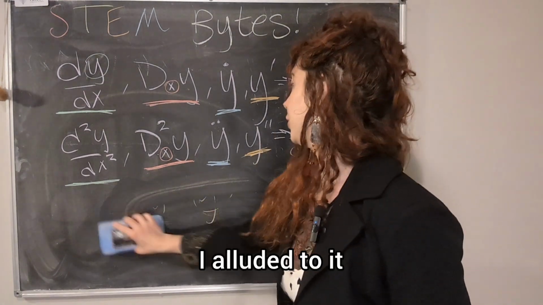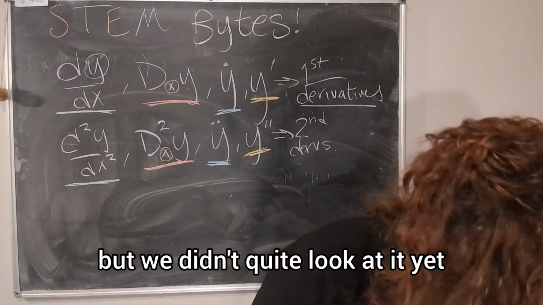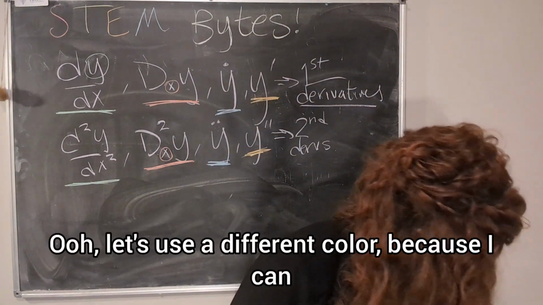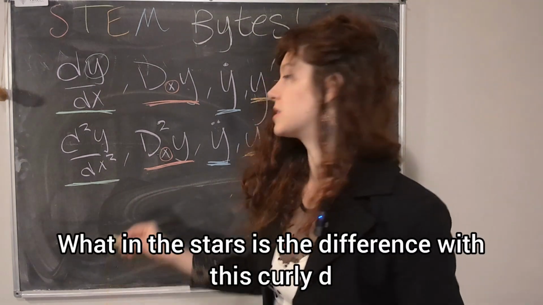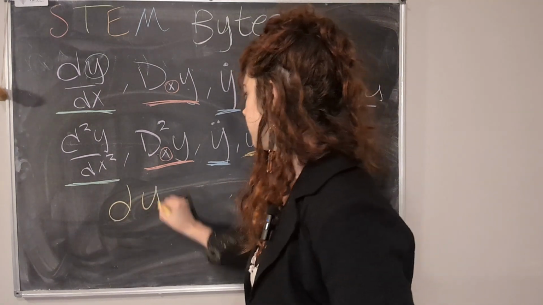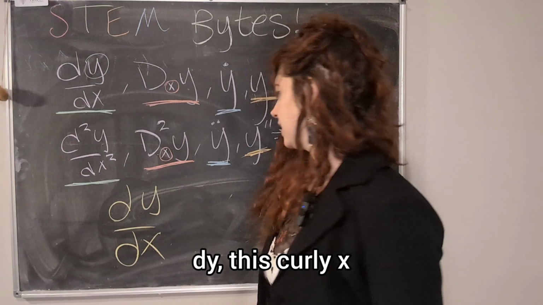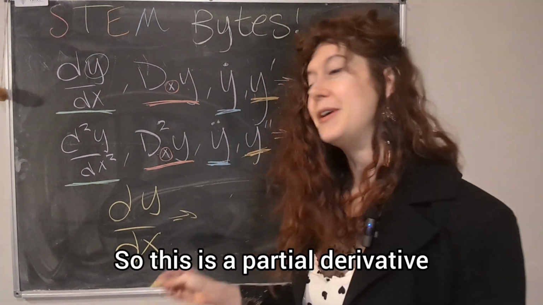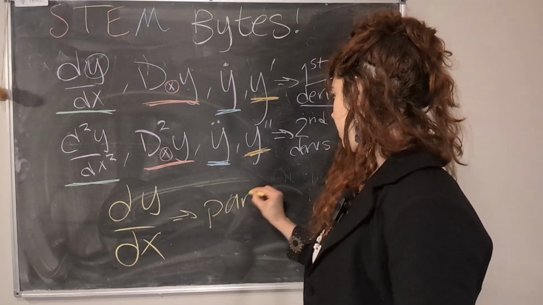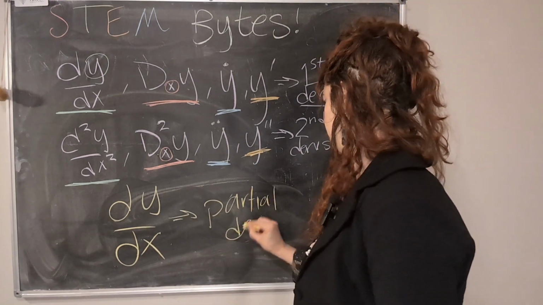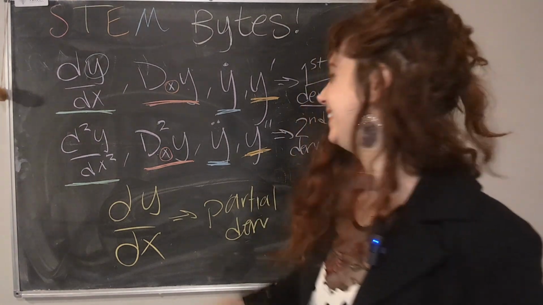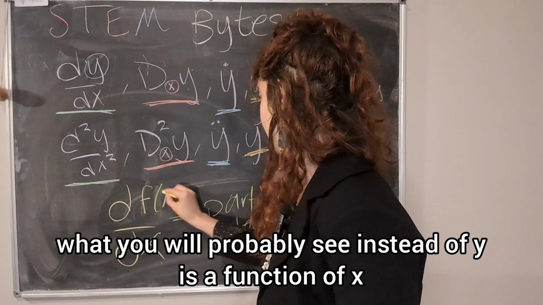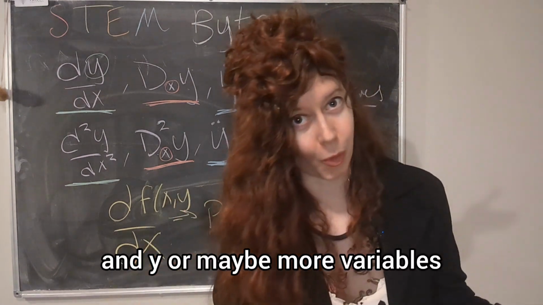Okay, and finally, I alluded to it, but we didn't quite look at it yet. What in the stars is the difference? Ooh, let's use a different color because I can. Yellow. What in the stars is the difference with this curly d, curly y, curly x? Is that a 6? No, it's a curly d. So this is a partial derivative. And what you will probably see instead of y is a function of x and y, or maybe more variables.